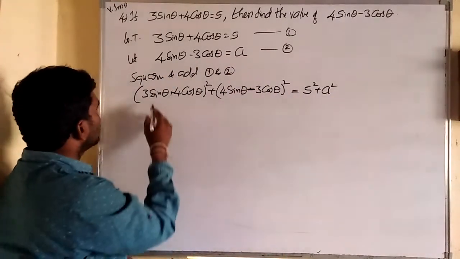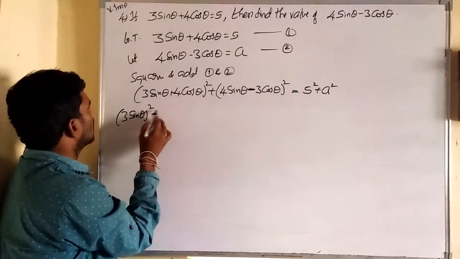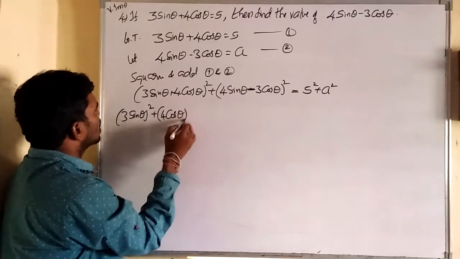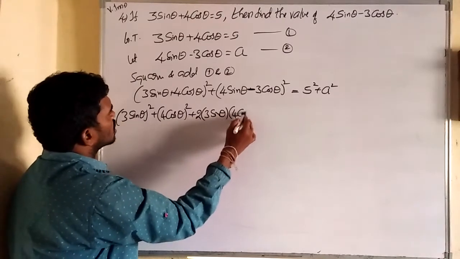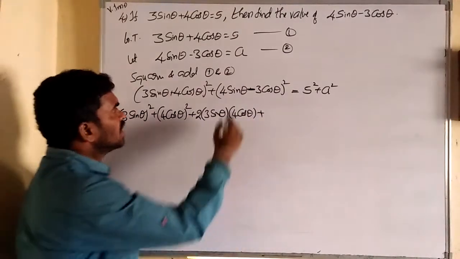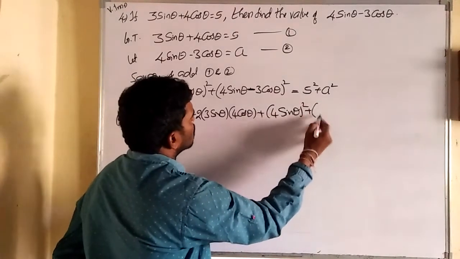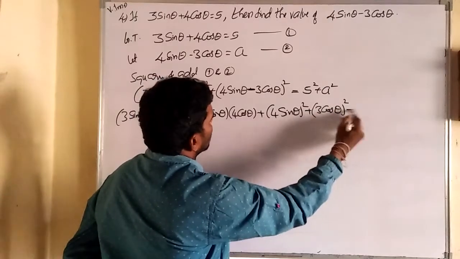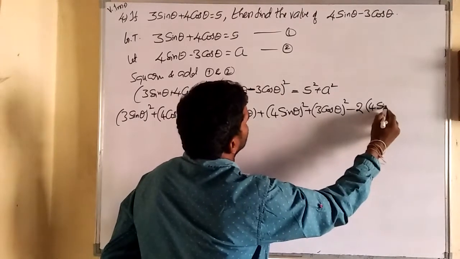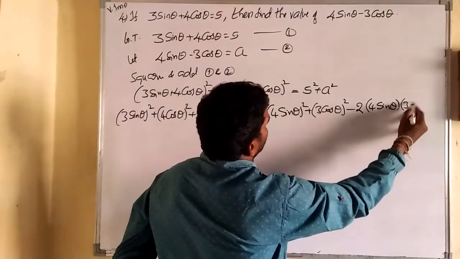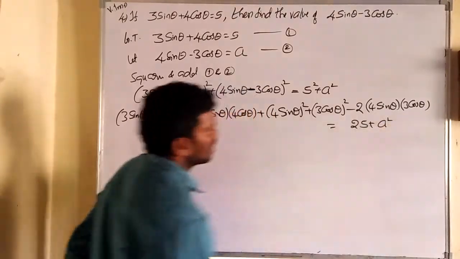Using (a plus b) whole square, a square means (3 sin theta) whole square plus b square (4 cos theta) whole square plus 2ab, that is 2 into 3 sin theta into 4 cos theta, plus (a minus b) whole square: a square (4 sin theta) square plus b square (3 cos theta) square minus 2ab, that is 2 into 4 sin theta into 3 cos theta, is equal to 5 square, that is 25, plus a square.